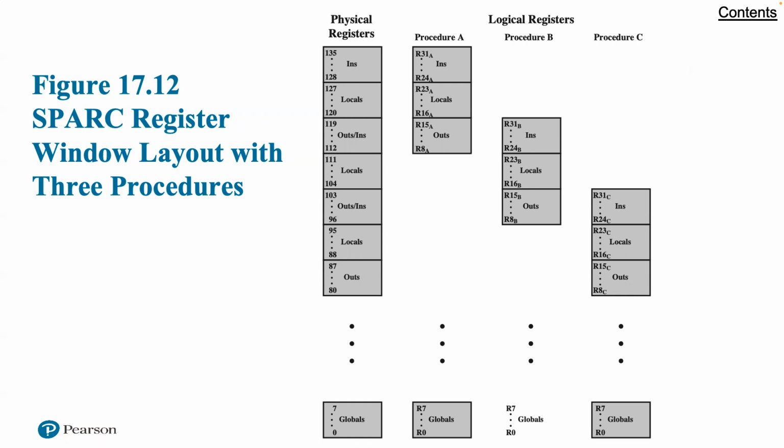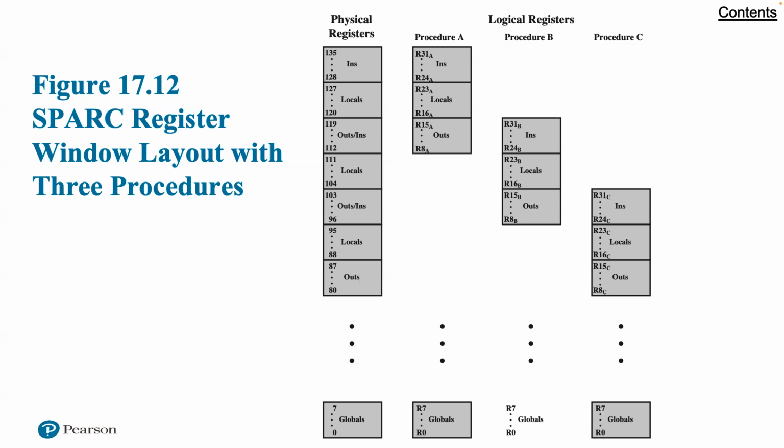Physical registers 0 through 7 are global registers shared by all procedures. Each procedure sees logical registers 0 through 31. Logical registers 24 through 31, referred to as ins, are shared with the calling, that is the parent, procedure, and logical registers 8 through 15, referred to as outs, are shared with the called, that is the child, procedure. These 2 portions overlap with other windows.